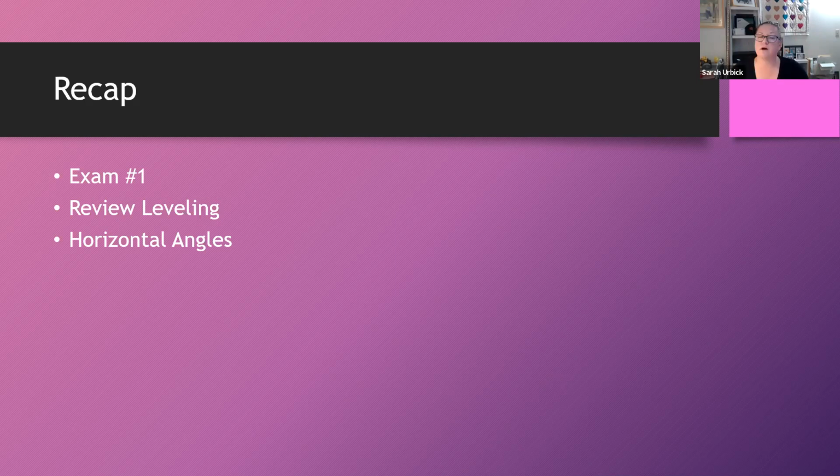Do not let the Canvas speed grader automatic grading system influence you. Always wait for me to finish grading them and get them back to you, and get the results posted so that you can see what your real score is. That speed grader thing is really misleading, especially on stuff like this.